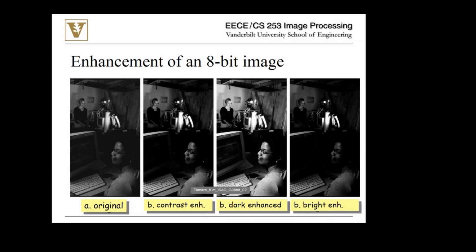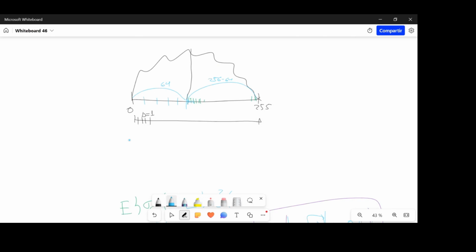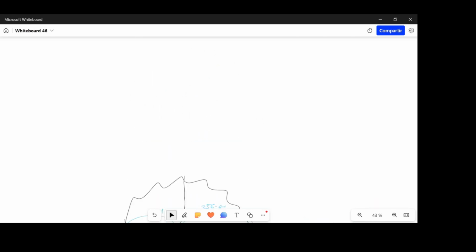It depends how many levels you have to represent your information. So if your information is dark, let's say that my information is like this. This is the histogram of the image, the gray value. Where would you put more samples? The low area. I would put a lot of samples here, and then fewer here, because I don't have so many.